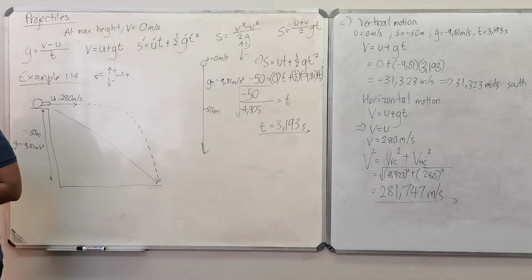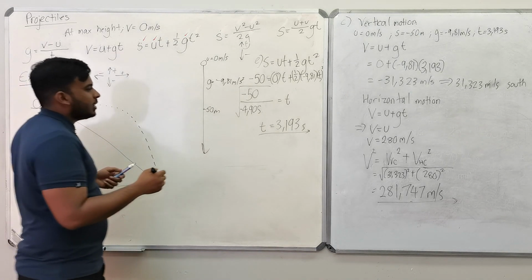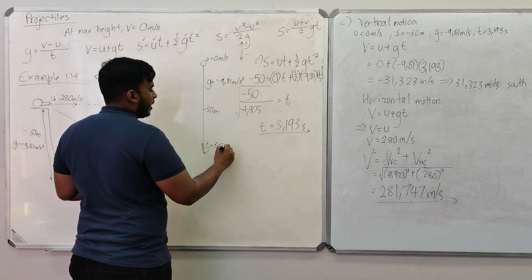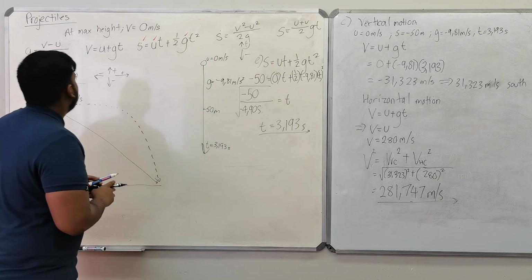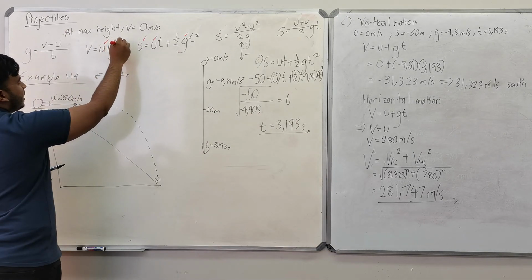Okay, so last question. The velocity with which it will hit the ground if it were in free fall for 50 meters. So what they want is your final velocity. Now we also know the time, which is equal to 3.193 seconds. So we can use the initial velocity, gravity, time equation.